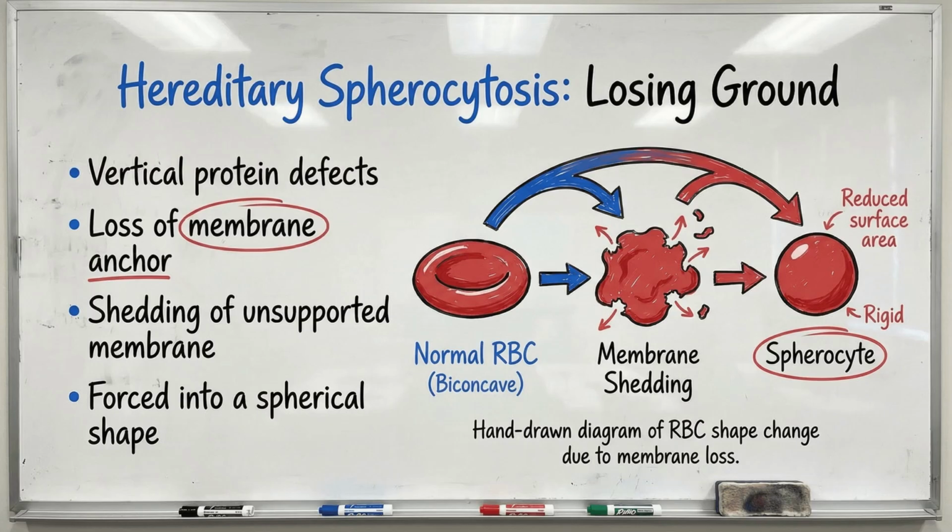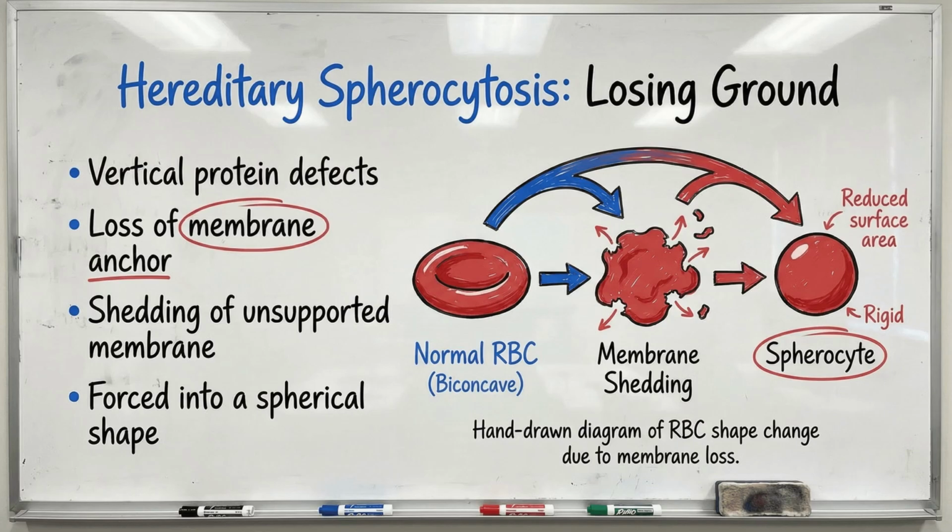So what happens when that complex membrane structure we just discussed starts to fall apart? The most common culprit is hereditary spherocytosis, where the red blood cell literally starts losing bits of itself. This isn't just some random shedding. It's a direct consequence of genetic mutations in those crucial vertical membrane proteins, like spectrin and ankyrin, that anchor the lipid bilayer to the underlying cytoskeleton.